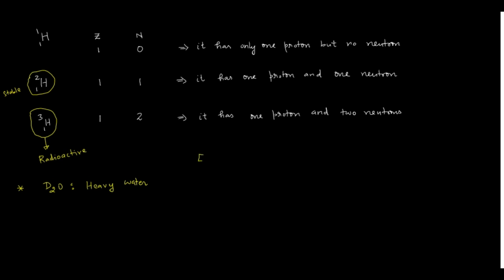So examples for isotopes. One, chlorine. For chlorine we have isotopes like Cl 35 17 and Cl 37 17. So this is one example. Let us see another example.